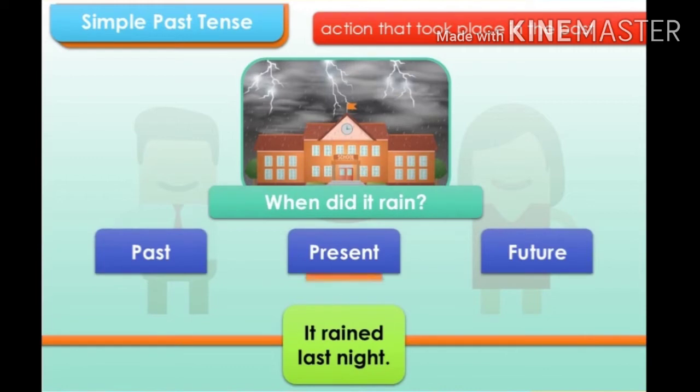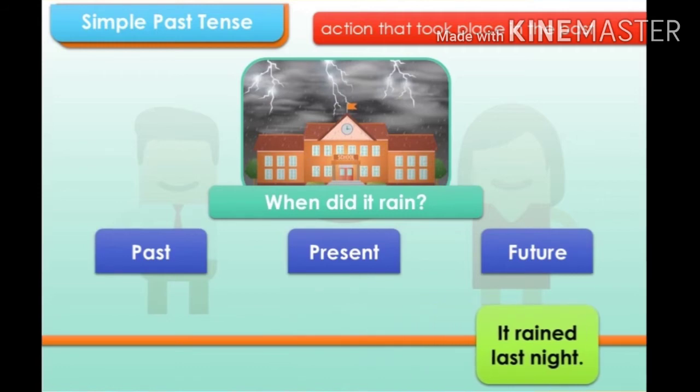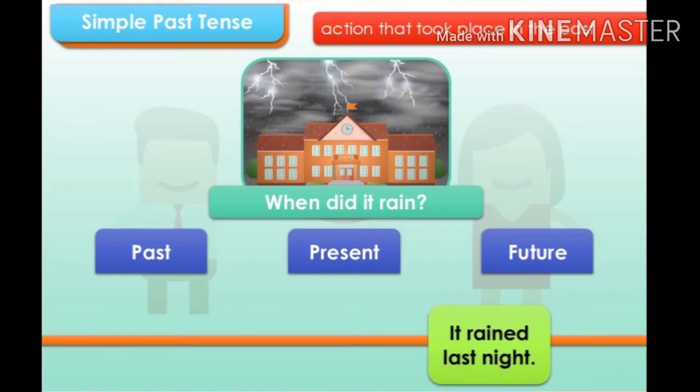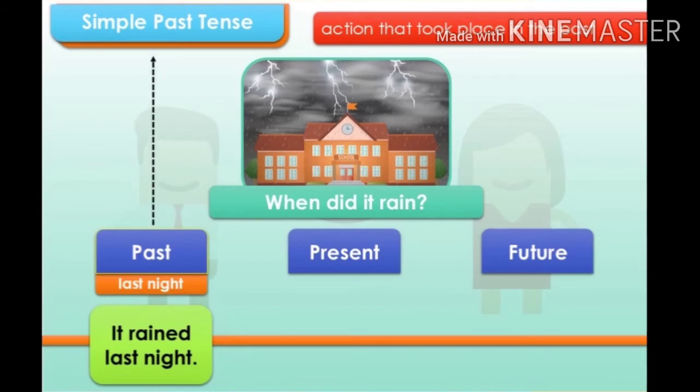When did it rain? Did it rain now? No. Is it tomorrow? No. So, it rained last night. So, the action took place in the past. If an action takes place in the past, it is said to be in the simple past tense.